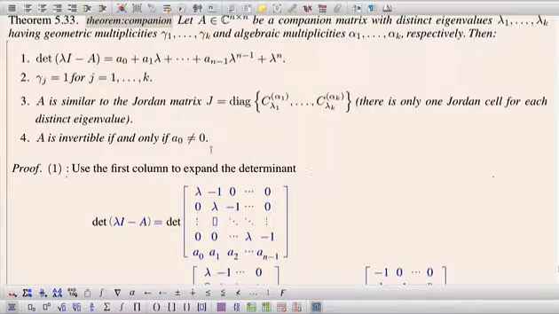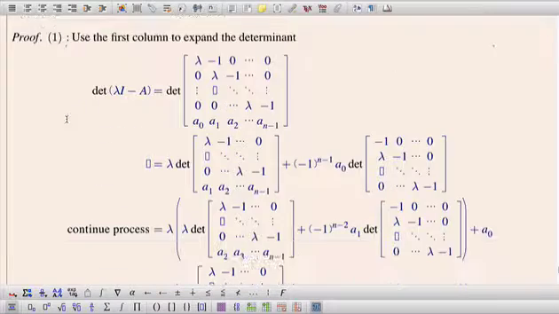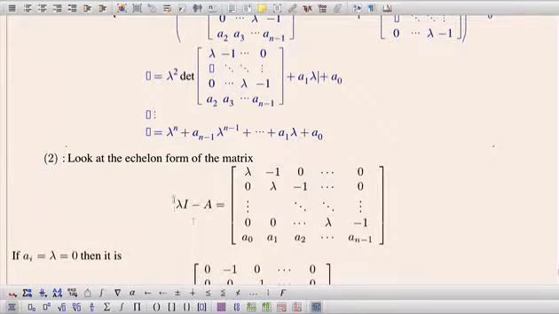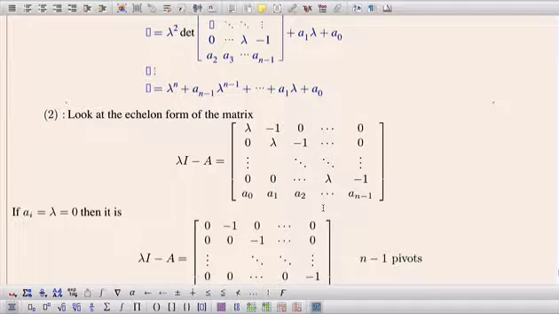The second part states that the geometric multiplicities are 1. So how can you look at this? Look at lambda I minus A, and look at the echelon form of the matrix. Basically look at how many pivots you can have.